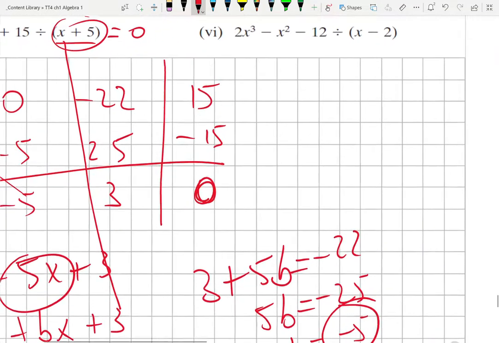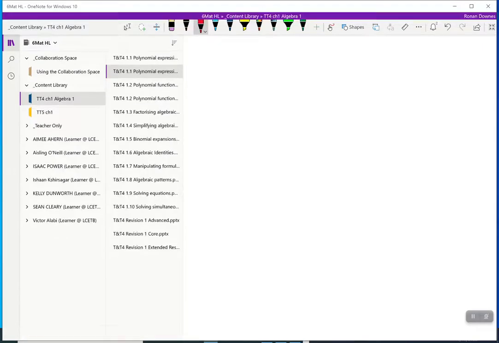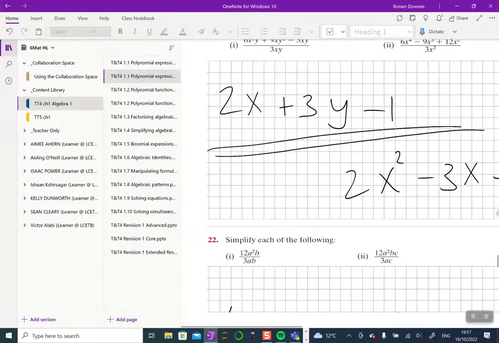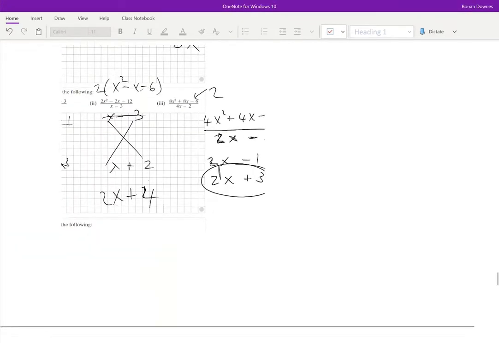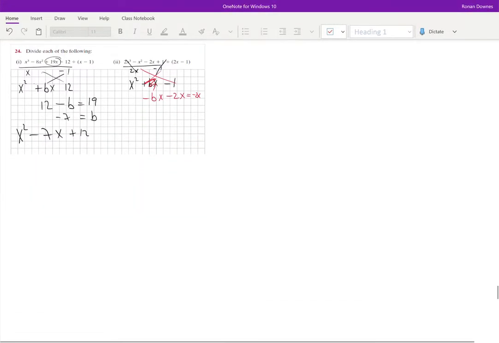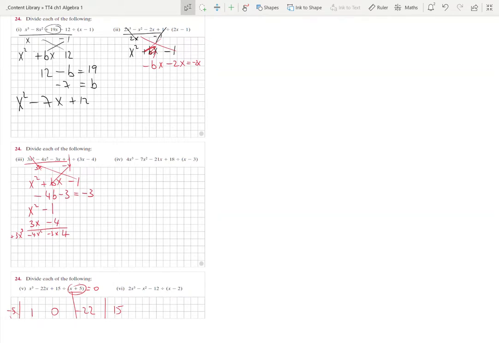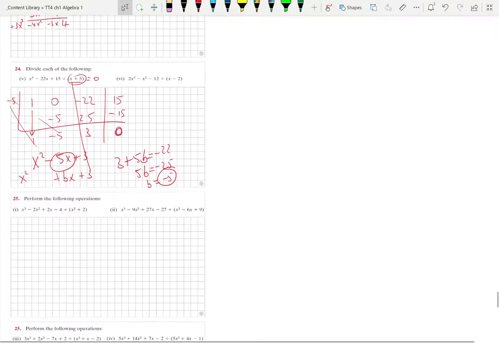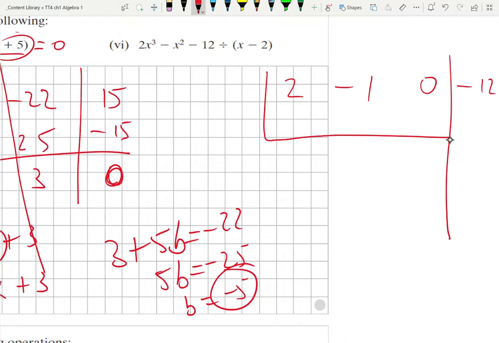Okay, so I'll just give you that synthetic division again. 2, negative 1, there's a 0, and negative 12. 2 is the root.